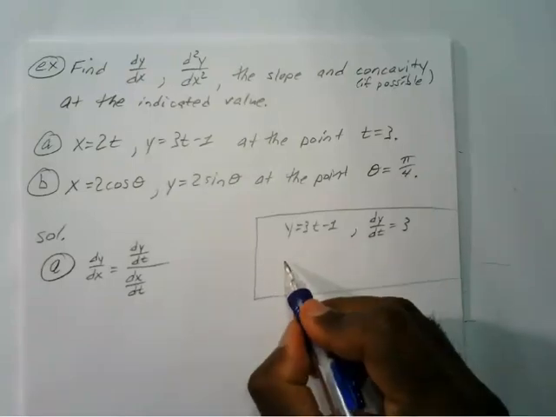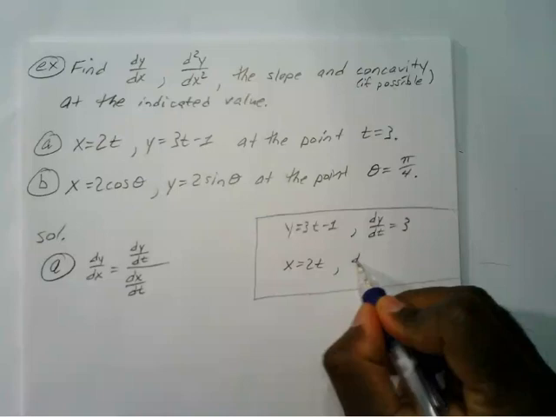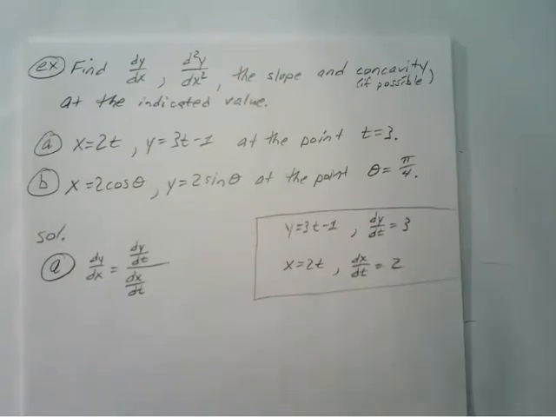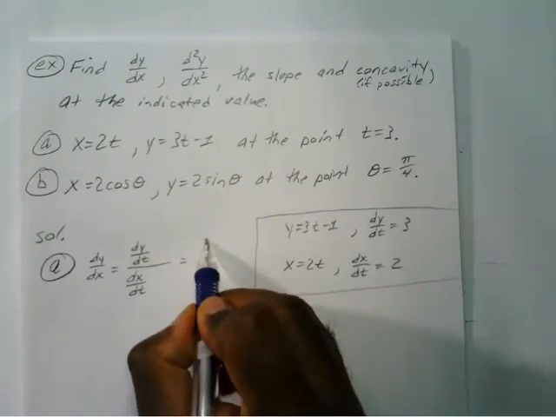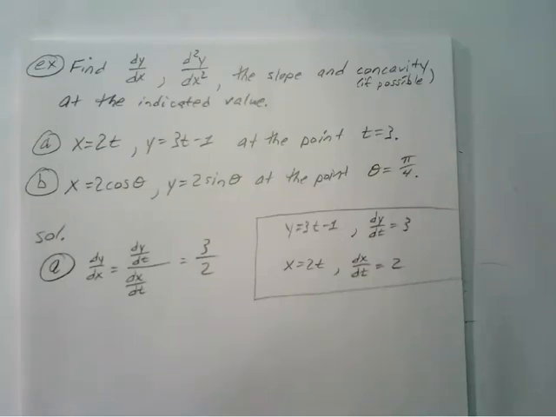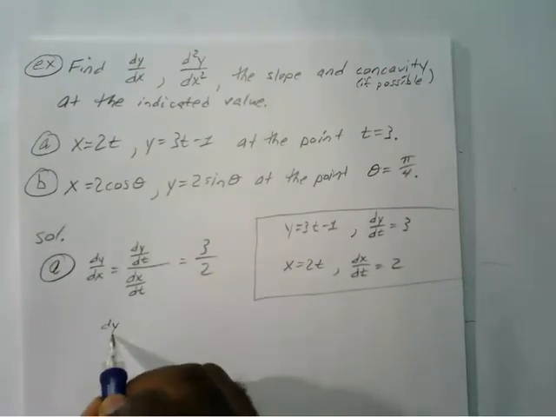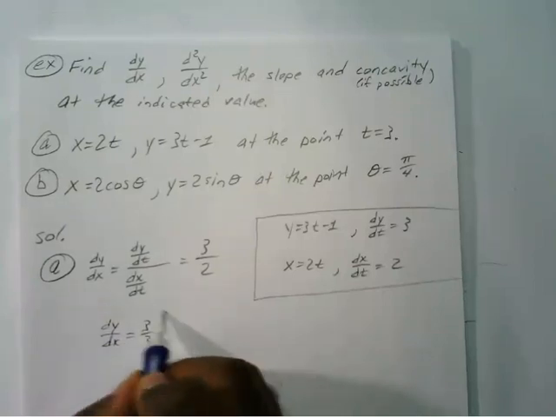And we know that x is equal to 2t, so dx/dt is equal to 2. So dy/dt is 3 and dx/dt is 2. That means dy/dx is equal to 3 over 2.